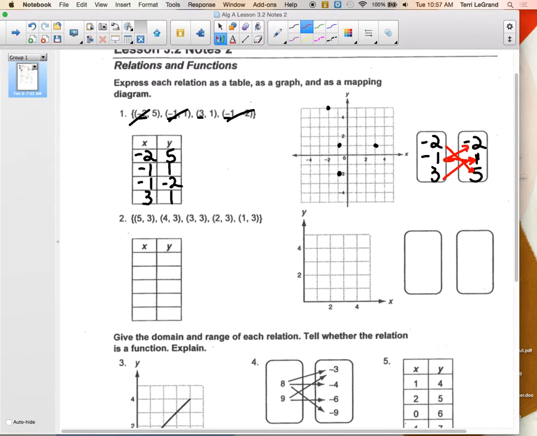Okay, I want you to go try number 2 now on your own. You're given a set of ordered pairs, put them in a table, graph your points, map your points.